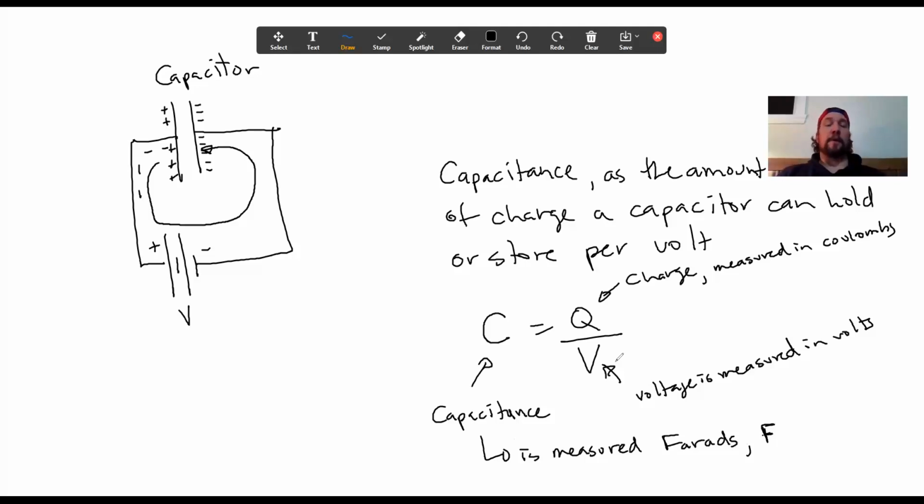Again, not something you have to memorize. You do need to know capacitance is measured in farads, and that capacitance is how much charge it can hold per volt.